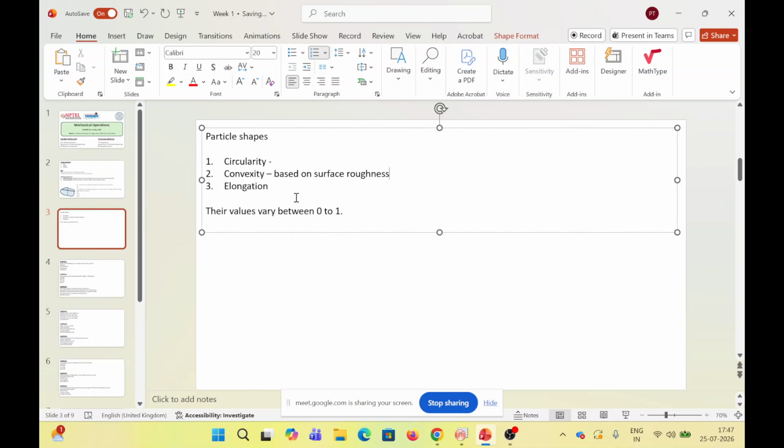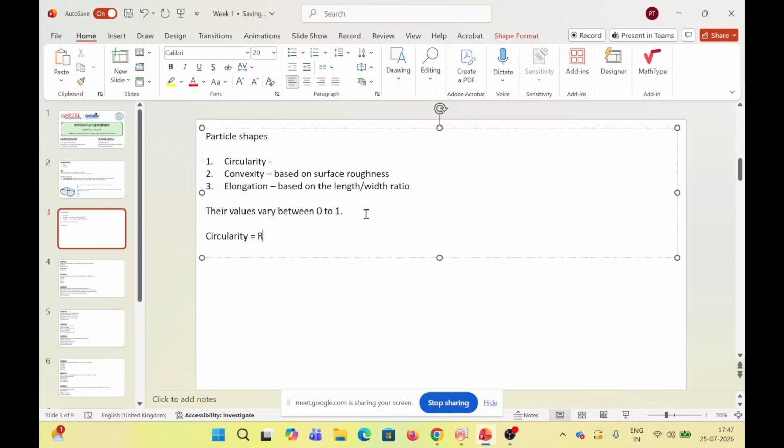And for elongation, it is going to be based on the length to the width ratio. So the exact definition, I'll just write it now. You can note it down if you want. And as I say repeatedly, all these definitions and formulas are already covered in the course. I'm just repeating here so that everyone can recollect.